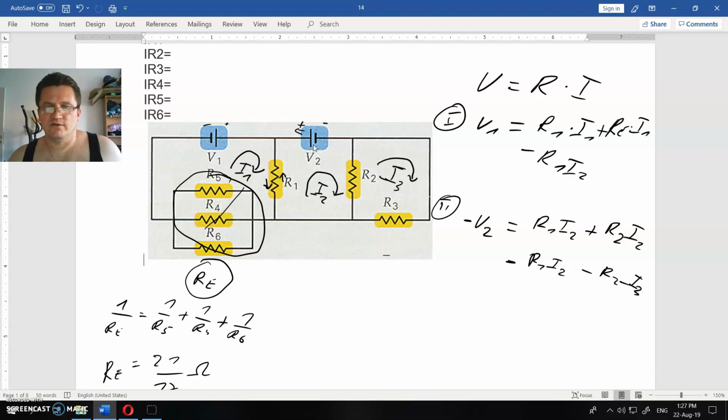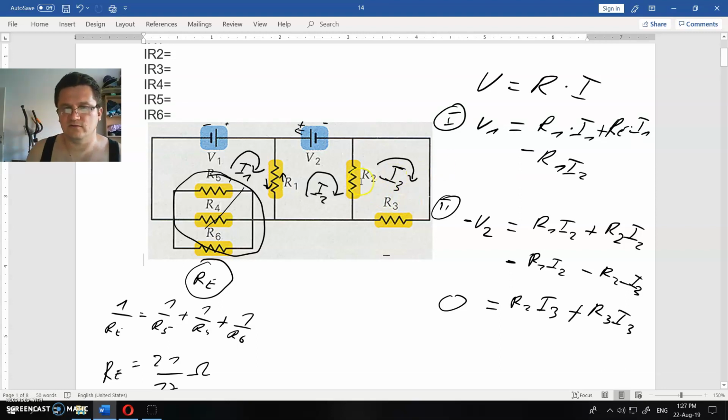Now for the third contour, there is no voltage source, so we write 0 is equal to R2 E3 plus R3 E3. That is this current in this direction throughout this resistance, and throughout this resistance is this one.